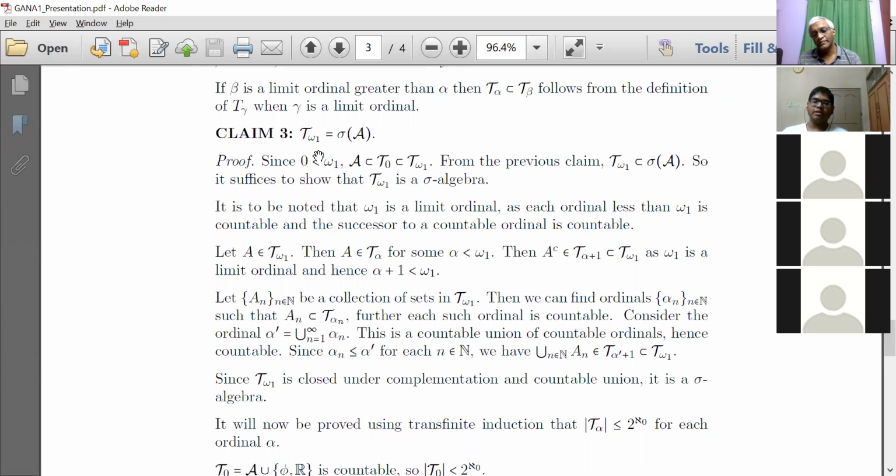Now we will show that T of omega 1 is exactly the sigma algebra generated by A. From claim 1 we already have that T of omega 1 is contained in the sigma algebra generated by A, and since 0 is less than omega 1, from claim 2 we have that A is contained in T of omega 1. So we only need to show that T of omega 1 is a sigma algebra.